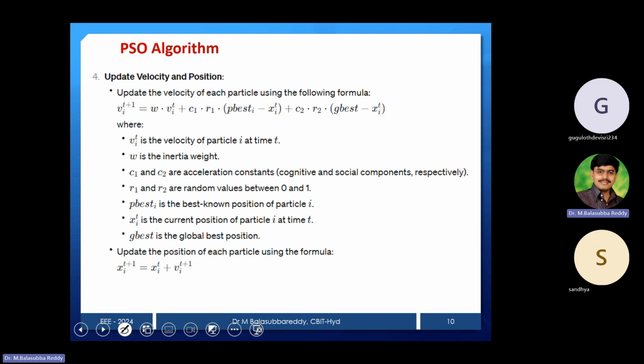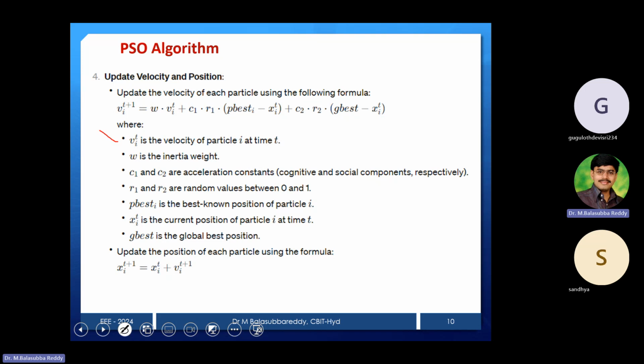These parameters you can see here. Vi is the velocity of particle i at that particular time, because i is 1, 2, 3, and so on based on the number of populations you have taken. That means each individual will keep on doing that.